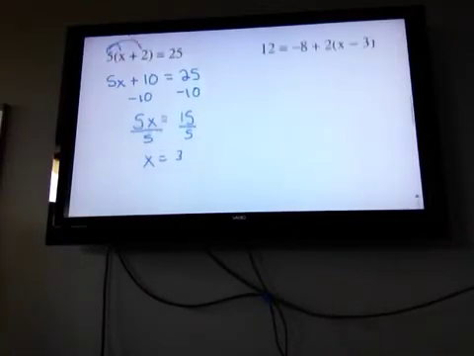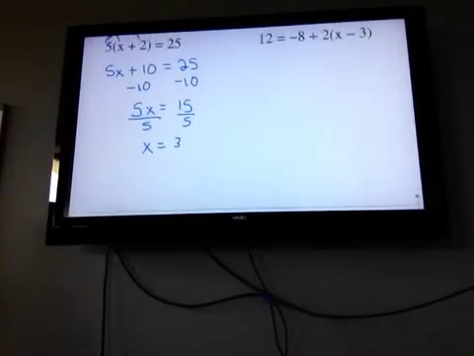Okay, and my last one for goal 2-1. Do not take negative 8 plus 2. Common mistake. Distribution comes before addition. Get rid of the parentheses first. So 12 equals negative 8.